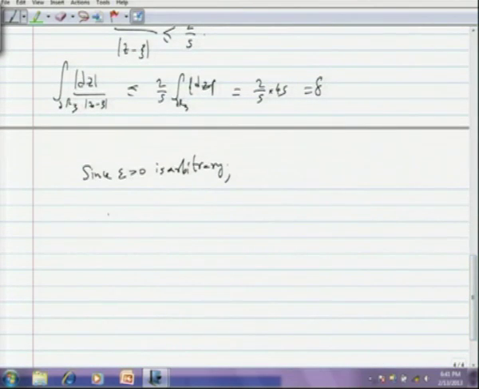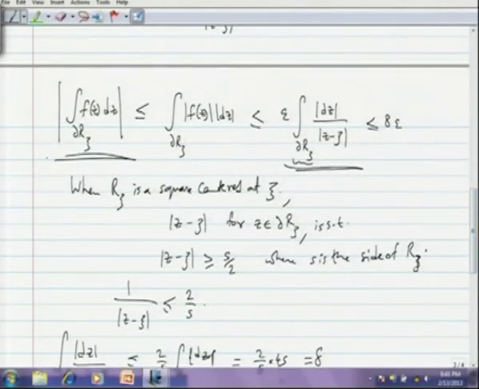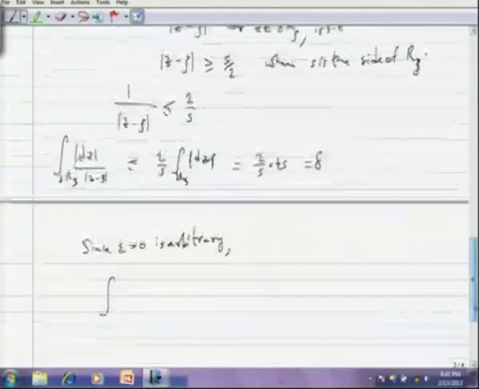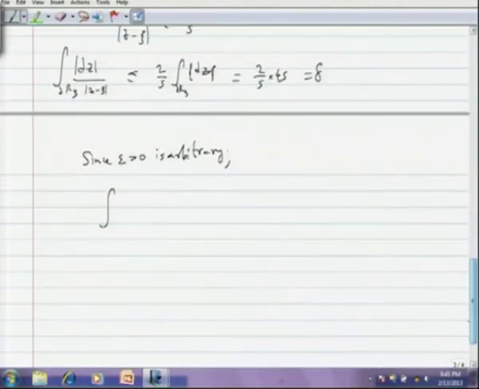What I conclude is that the modulus of this integration is 0. So, the only complex number with 0 modulus is 0.